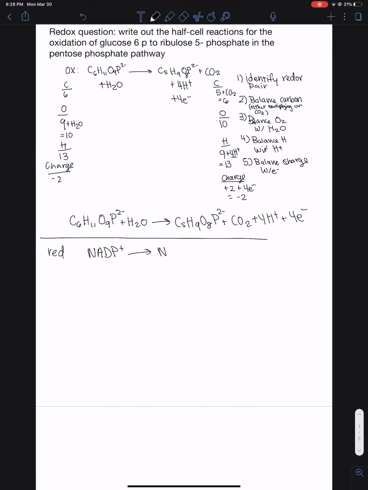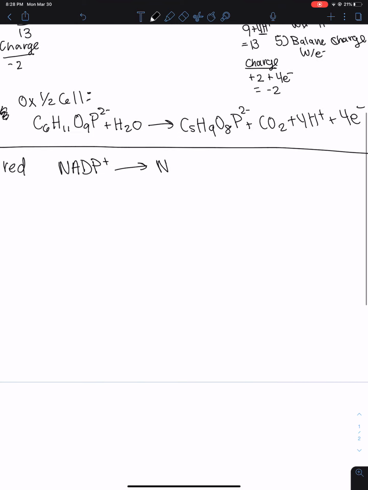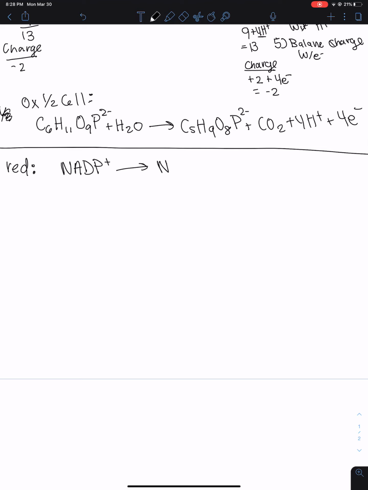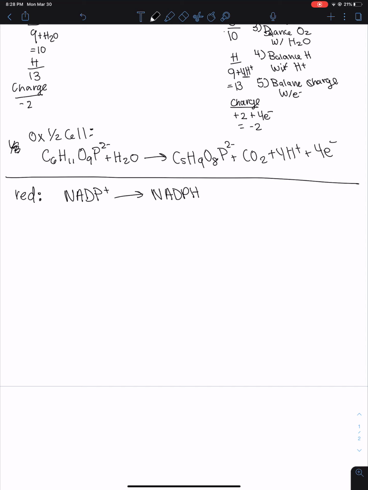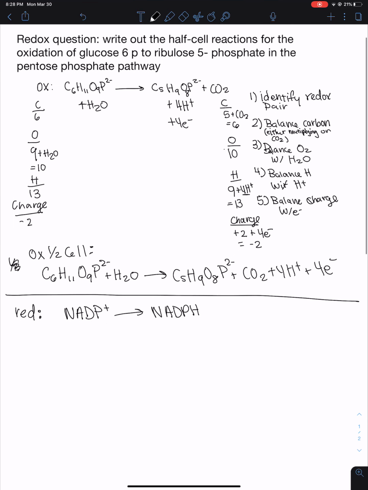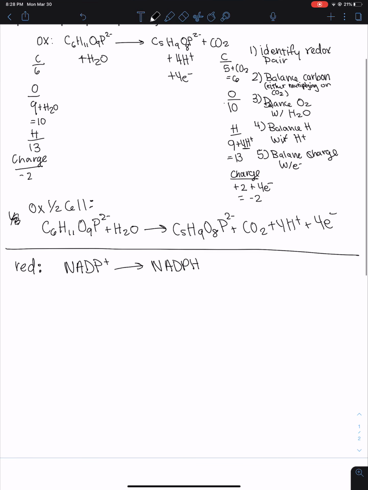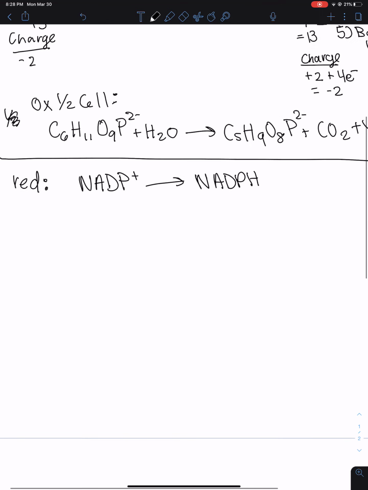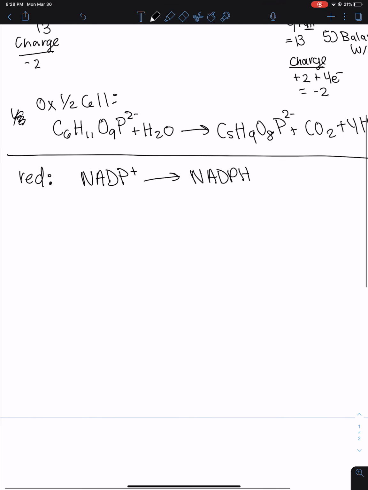So this is my ox half cell. I know that NADP is going to take up those electrons and be NADPH, because this is in the pentose phosphate pathway, so that's how I know that the electron acceptor is NADP.